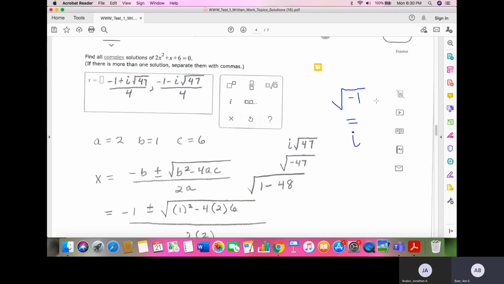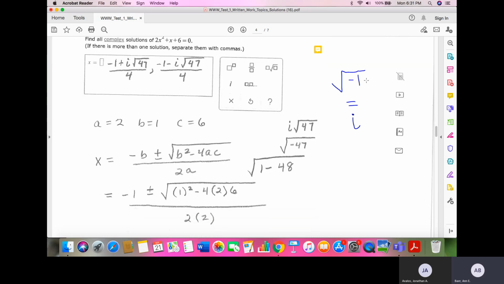Let me see if I can get that off. So you do want to definitely know this. Even the square root of a negative, anytime you see a negative, you can replace it by a -1. That's really what that negative is. It's a -1. So you want to consider that. The square root of -1 is i.